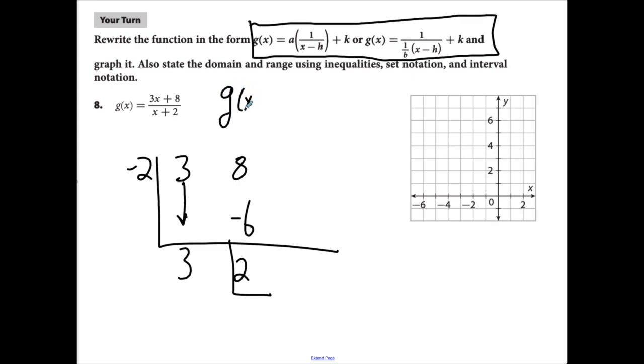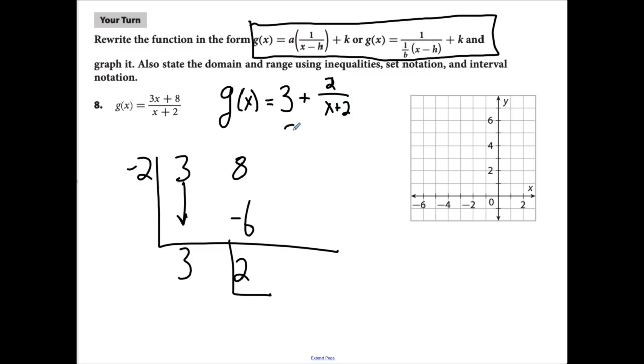So I'm going to write g of x is equal, ready for this? So here is my quotient plus, well, actually, 2 is my remainder over x plus 2, because 3x plus 8 divided by x plus 2 is equal to 3 plus 2 over x plus 2, because the 2 represents the remainder.